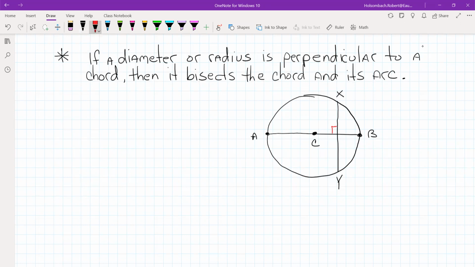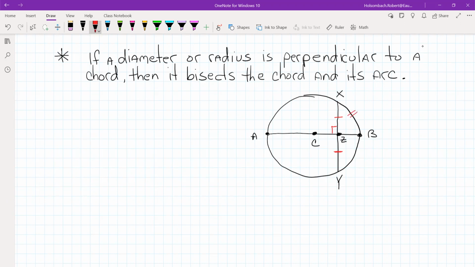then it bisects the chord. So look, this piece of the chord is equal to this piece of the chord. All right, let me add a point right here. Point Z. XZ would be congruent to ZY. Here's what else is true. It bisects the chord and its arc.